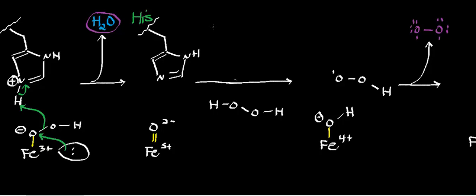Now at this point we're going to do some radical mechanisms. Part of the genius of having heme in this mechanism is that it allows mechanisms to operate by radical pathways. The electronics of the heme ring and the axial ligand allow this to take place. The first step is a homolytic bond cleavage in this coordinate covalent bond.